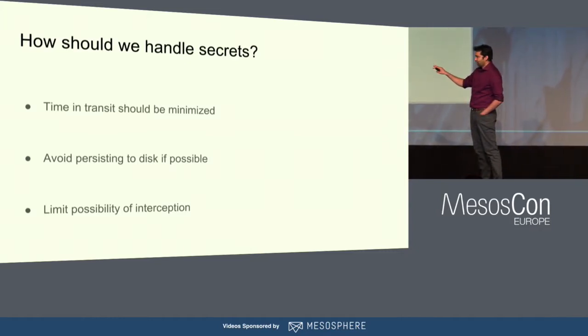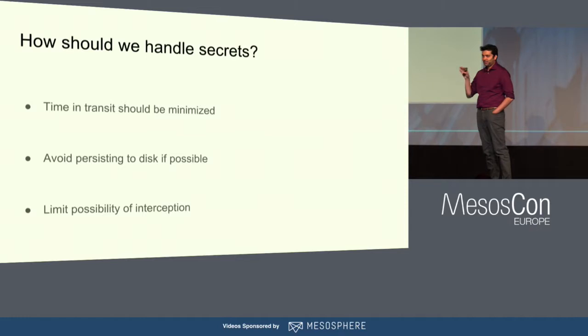And as with any secret, you should limit the possibilities of interception. Basically, that means it should be encrypted on the way to its usage. And again, it should have very few hops where it's open to interception by someone in the middle.